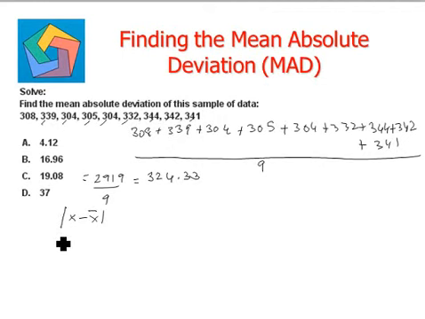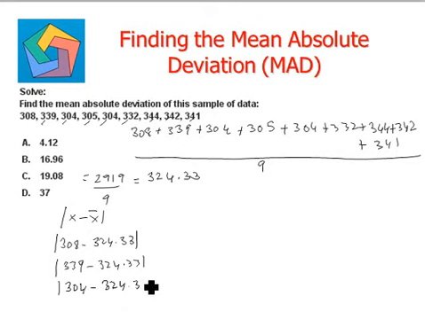So we'll write down all the values in this order: 339 minus the mean, then 304 minus the mean, and this is 16.33. Now remember, all of these will be positive because we have taken the absolute value of the deviation.